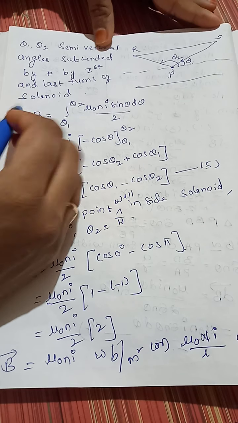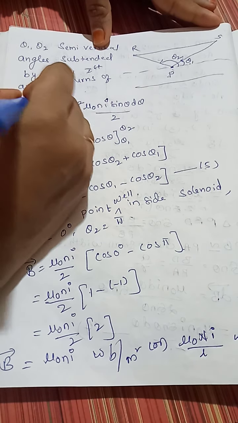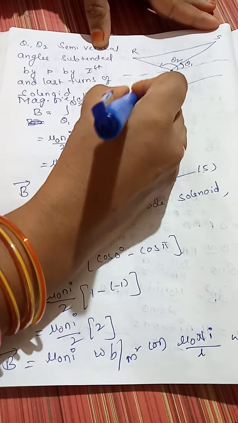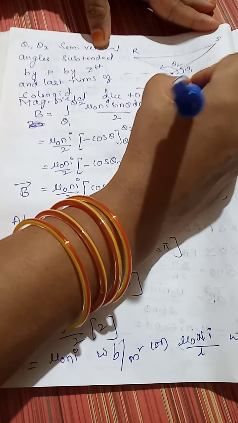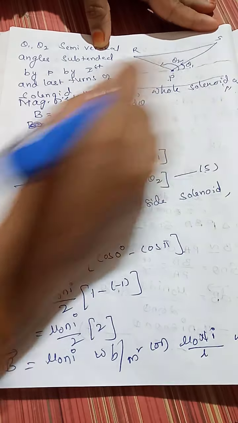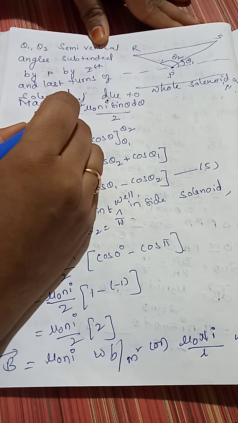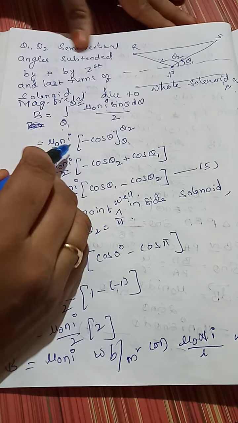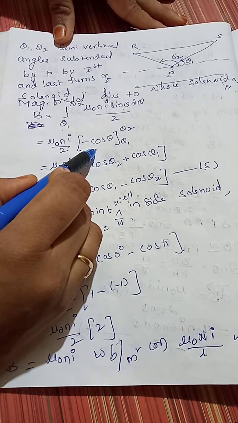So now the magnetic field due to the whole solenoid at point P becomes the integral from theta 1 to theta 2 of mu naught n I sin theta d theta by 2. Now the integration of sin theta is minus cos theta.